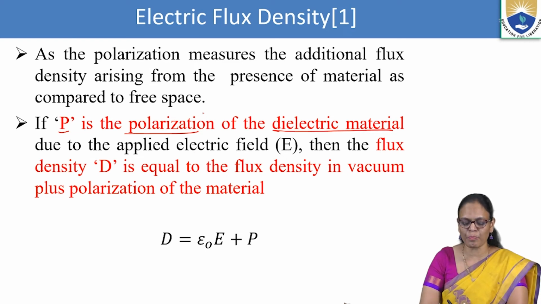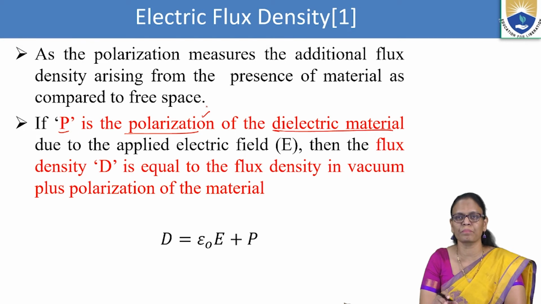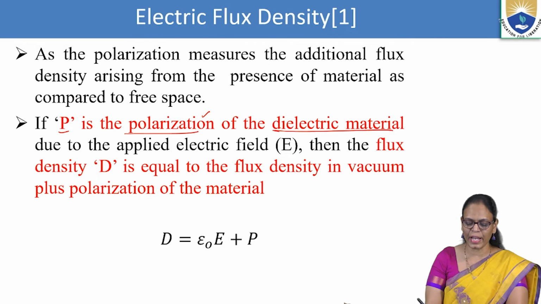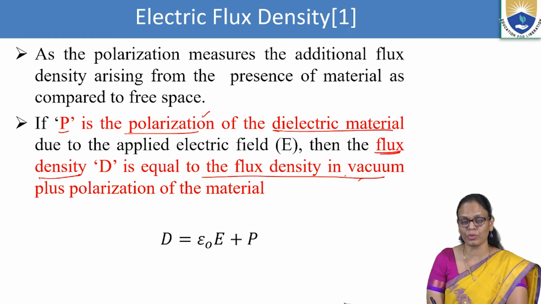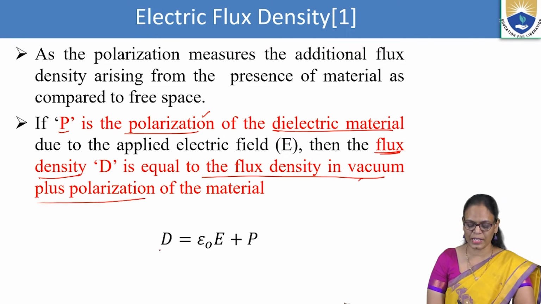We have already seen that whenever we keep a dielectric material in an electric field, a process of polarization occurs. The charges get separated in opposite directions, and then the flux density should be equal to the flux density in vacuum plus the polarization. So the flux density D is the flux density in vacuum, epsilon naught E, plus P, where P is the polarization due to the electric field.